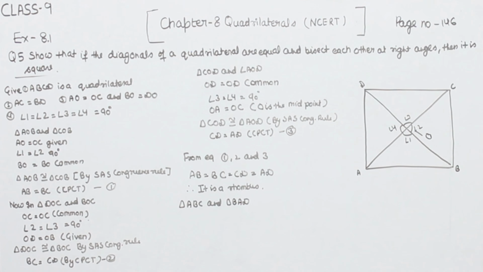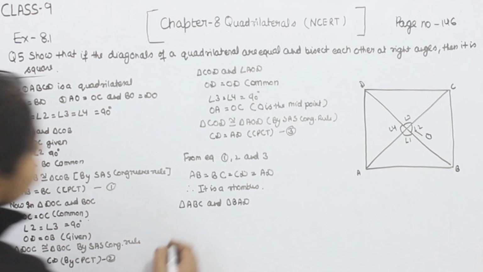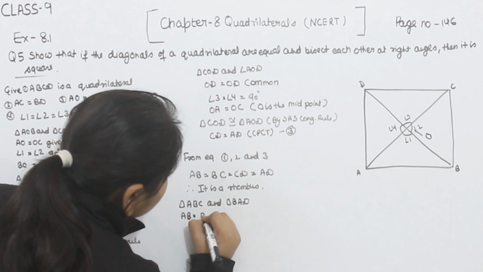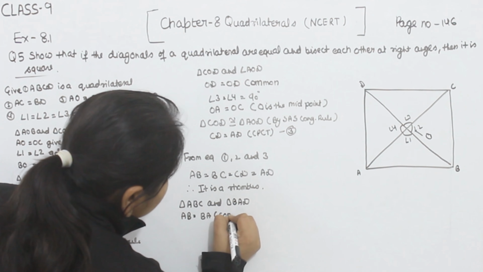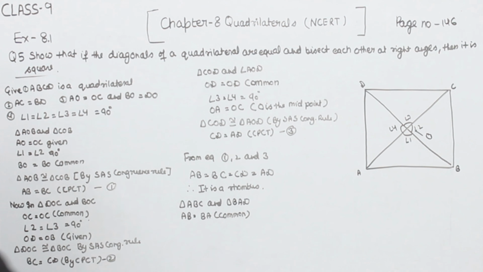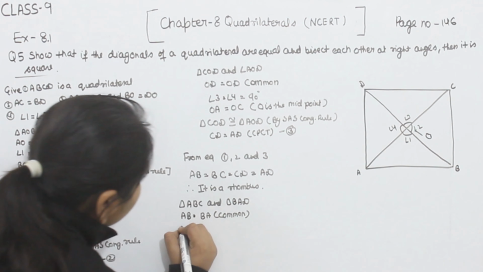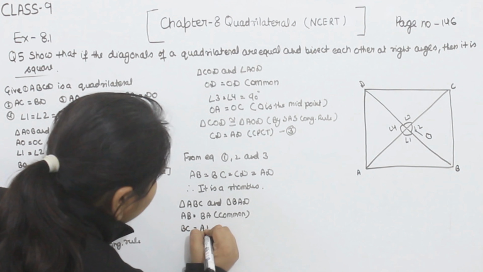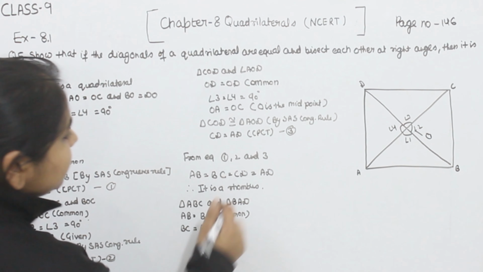Now in these two triangles we have AB is equal to BA, this one is common, and BC is equal to AD, this one we have proved.